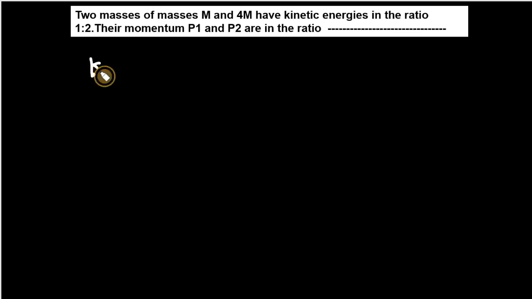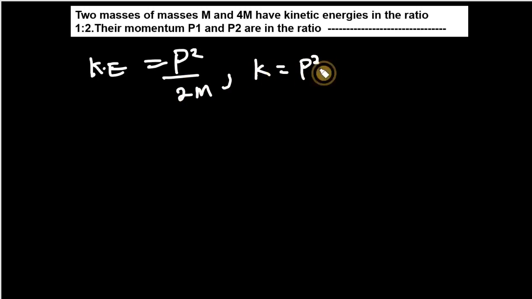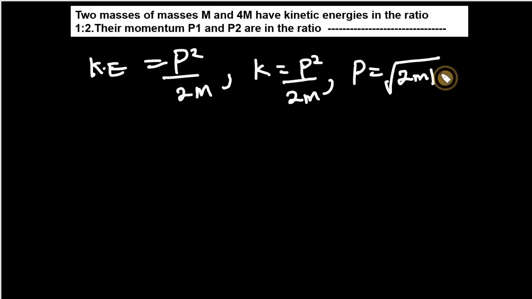Kinetic energy is related to linear momentum with this formula. This is P squared upon 2m. And we said that this relationship holds again when we make P subject of the formula. We have root 2mK.